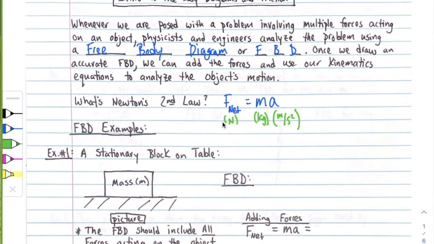A special example of this, which we talked about in a previous video, is the weight that you feel on Earth, W equals mg. It's a special case of Newton's second law, because weight is a force, W is weight, and that's a force in newtons. Then we have mass in kilograms, and the acceleration due to gravity, in meters per second squared. So just a quick reminder: whenever you see weight, think that's a force. Mass is not a force.